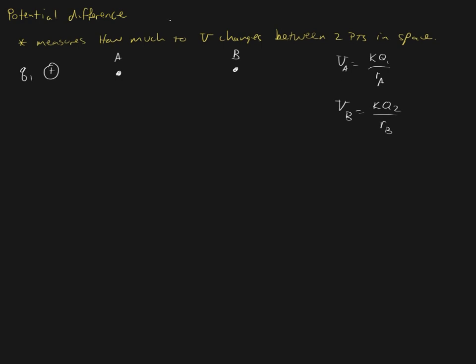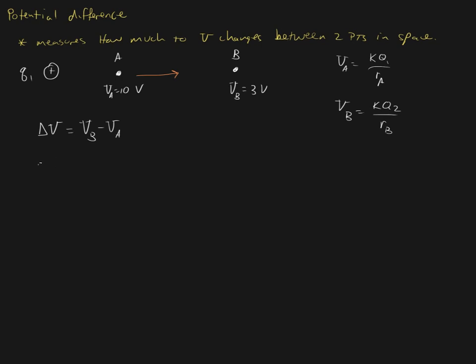So if I want the potential difference, mathematically all we're saying is that the potential difference, delta V, is equal to VB minus VA if I'm going from the location A to the location B, if I'm moving outwards. All right, now let's just say, for example, that I calculate the potential at point A to be 10 volts. I'm just making up this number. So VA is equal to 10, VB is equal to 3 volts.